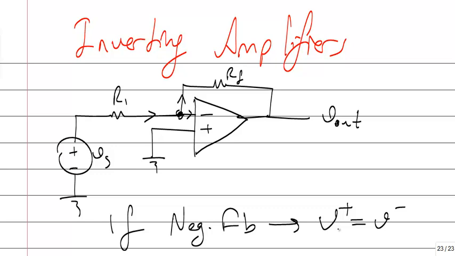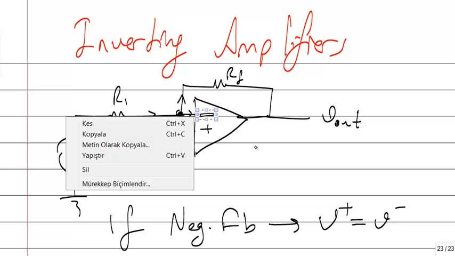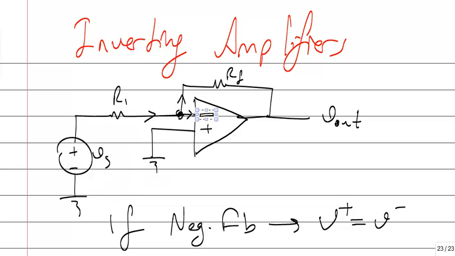Okay, op-amps causes that result. It's the property of op-amp. I have explained in details, but you don't have to know the explanation. If there is a negative feedback means a connection from output to the negative input. This is the negative input. If there is a connection, yes, there is a connection here. V plus is equal to V minus.